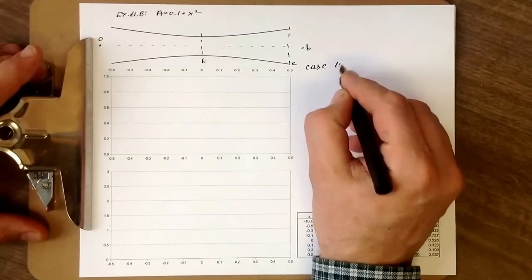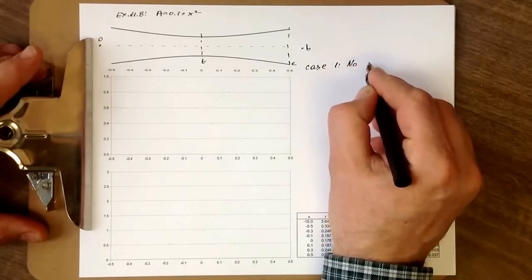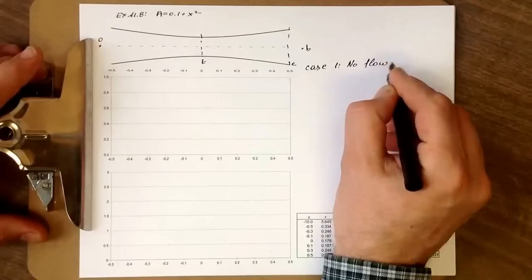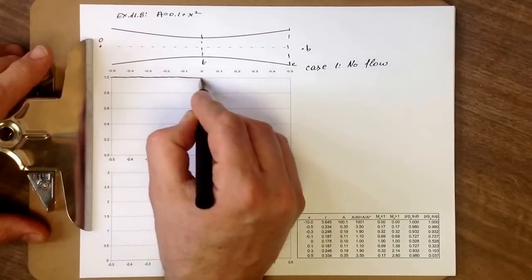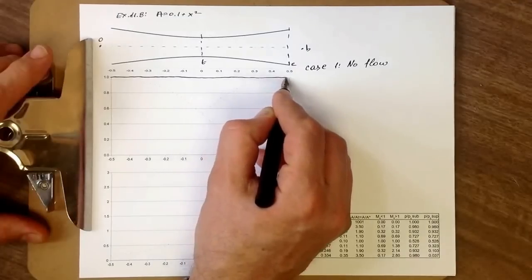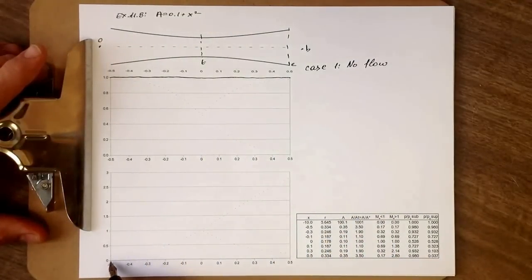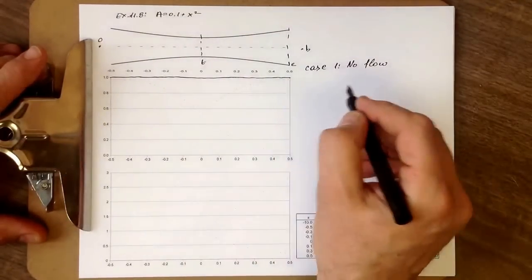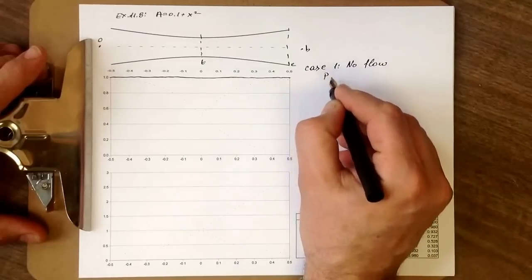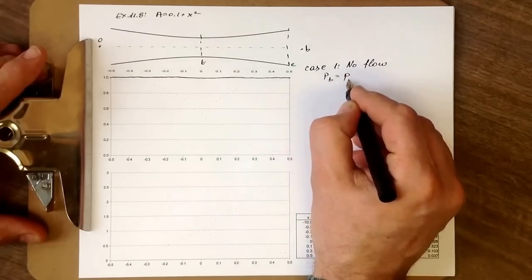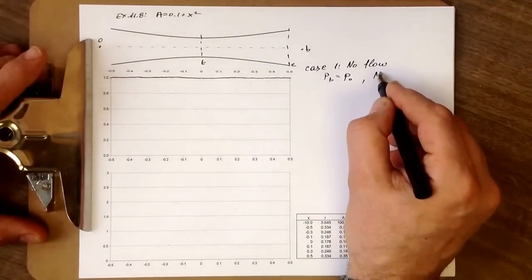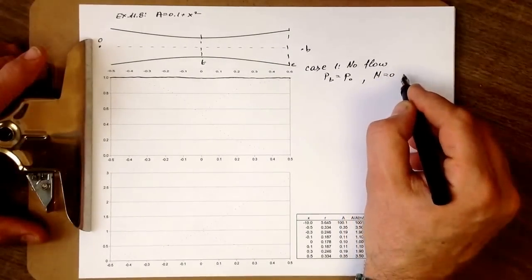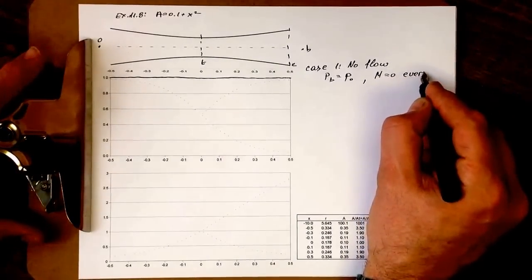Case 1, no flow. That's sort of a trivial case just for completeness. There's not much to be said about that, other than that back pressure is equal to stagnation pressure in front of the nozzle, and Mach number equals 0 everywhere.